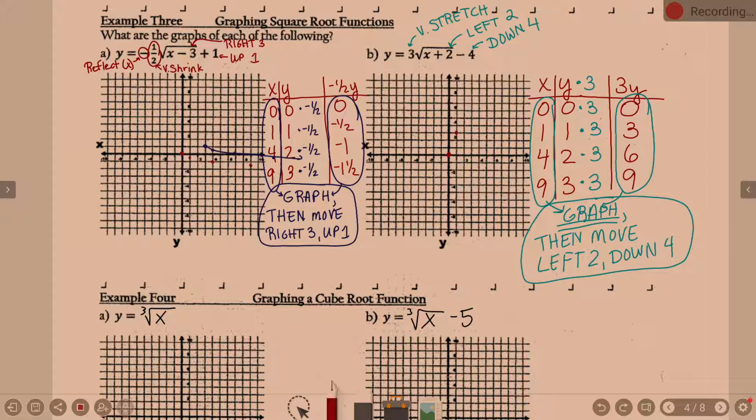Instead of 4, 2, I'm going to graph 4, 6. So I'm going to go right 4, up 6. And instead of 9, 3, I'm going to graph 9, 9.